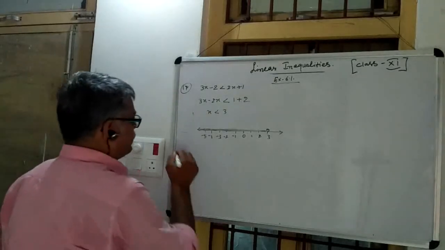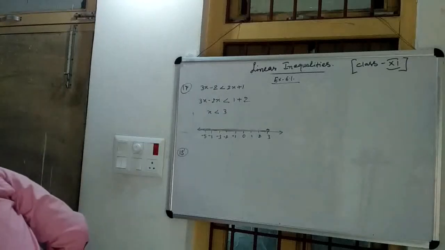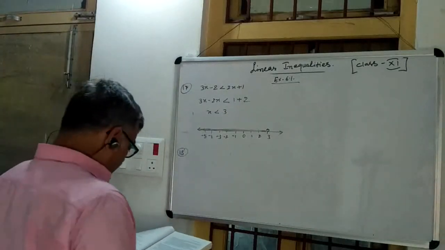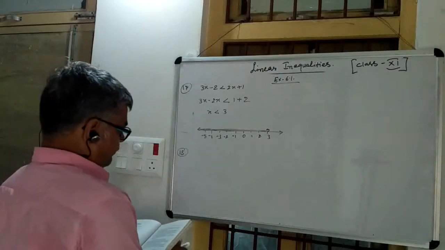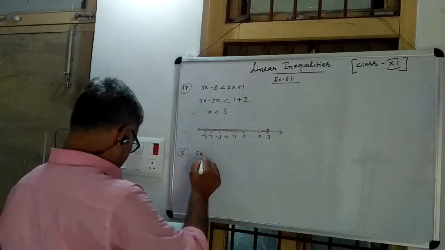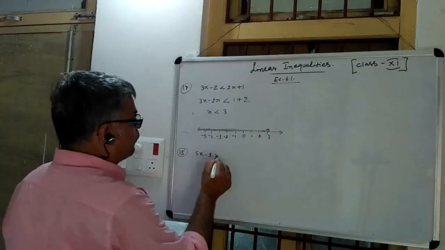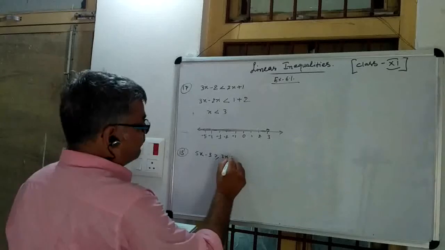Next question is question number 18. Few more questions are here. Question number 18 is 5x - 3 ≥ 3x - 5.